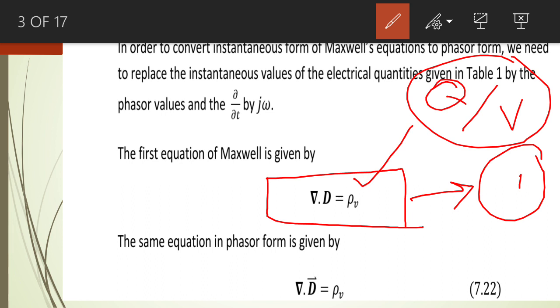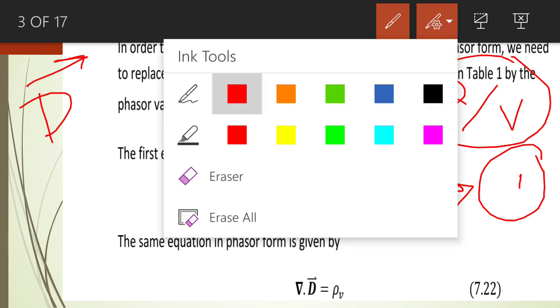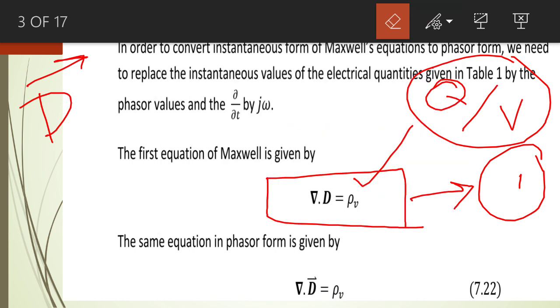Step number 1, you have to replace the instantaneous value of the electric flux density by the phasor value of the electric flux density.